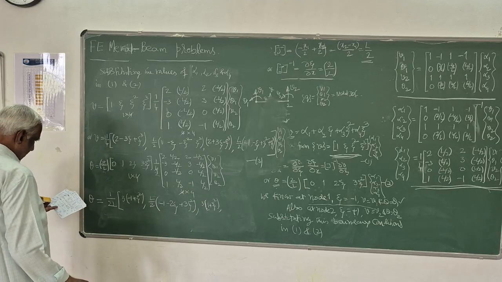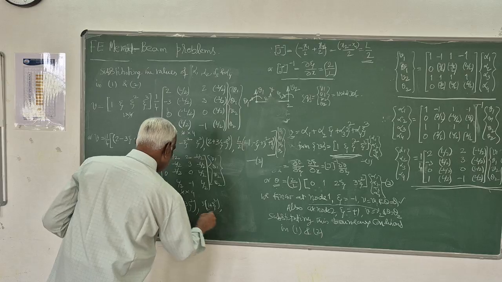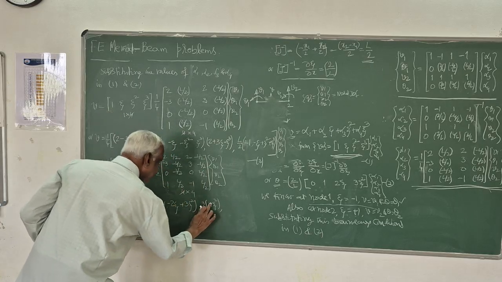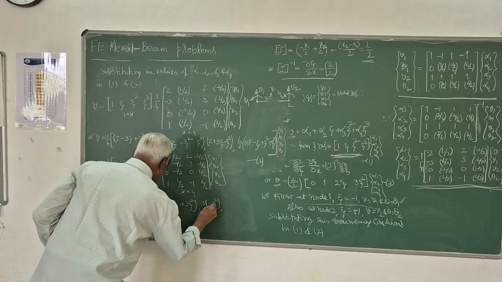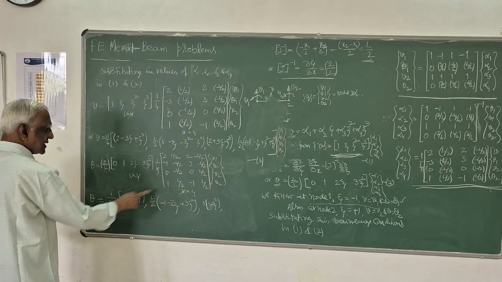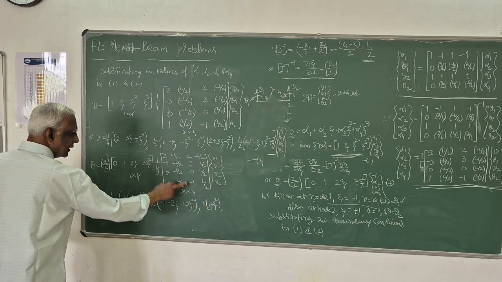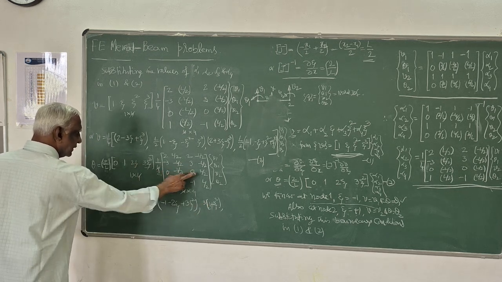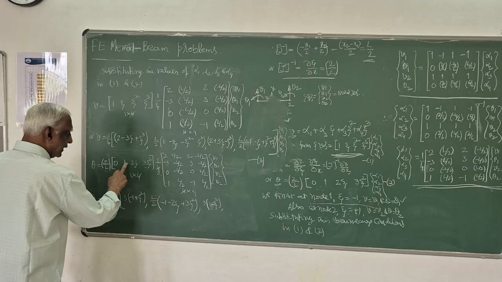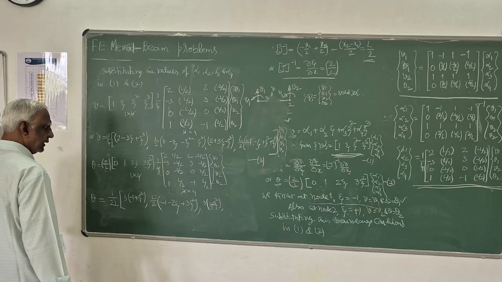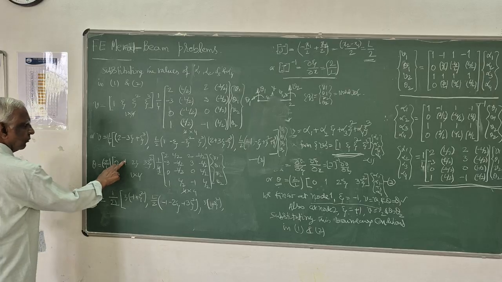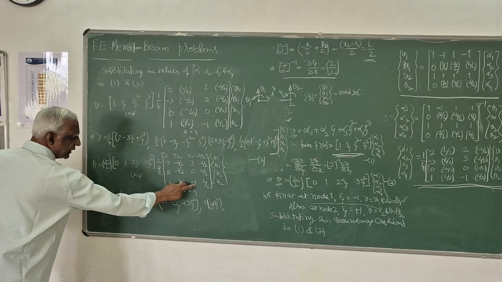Next. 3 into, this is minus 1, minus xi square. This is minus 1 plus xi square. This is minus 1. 1 you will get, that is 2 xi, 3, 1 into 3, then minus xi square, 3 xi square, 1 into 3 xi square into minus 1.